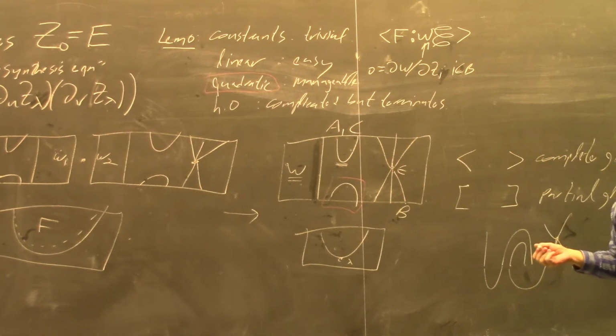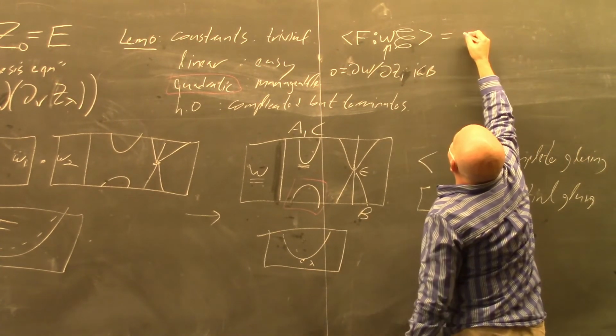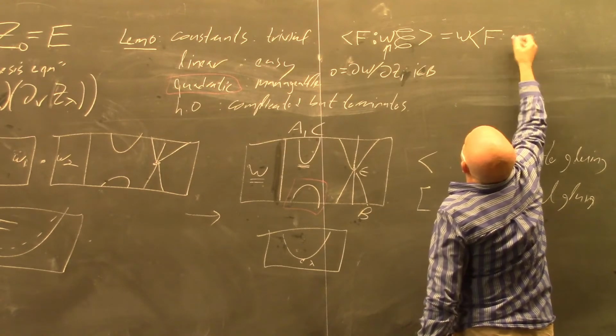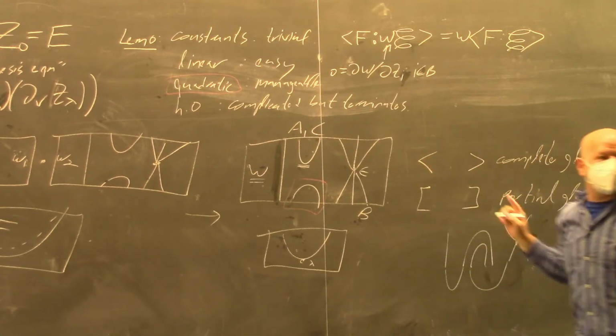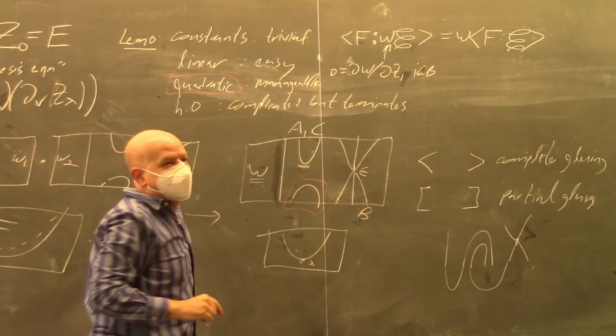So it does not depend, it's a constant. Then this is omega times gluing f to e. Okay, so lemma 0 has been stated.